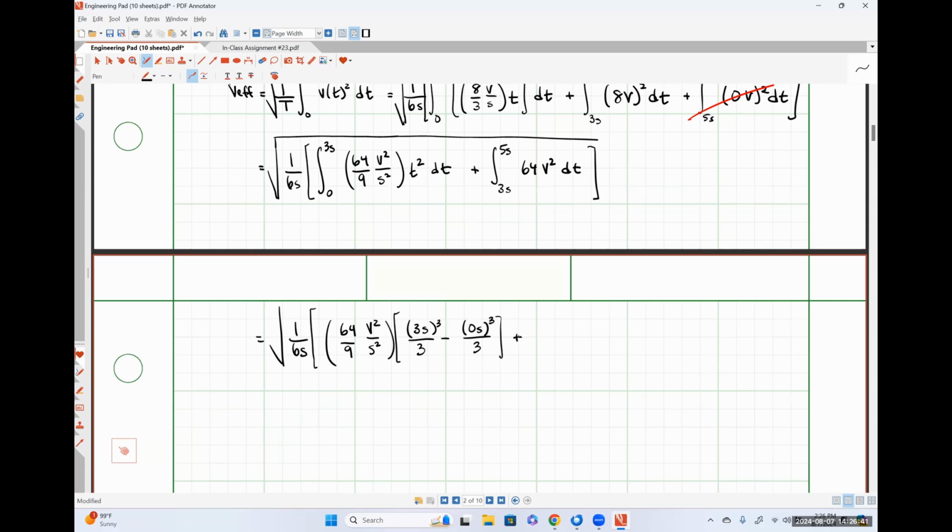And then we're going to have 64 volts squared times the integral of dt. Well, what's the integral of dt? It's just t. So over here, we're going to have 5 seconds minus 3 seconds. Make sure I'm closing these brackets off correctly.